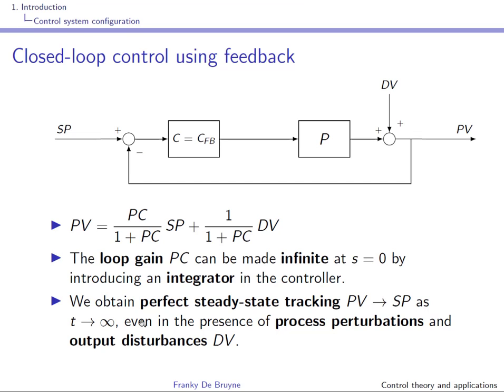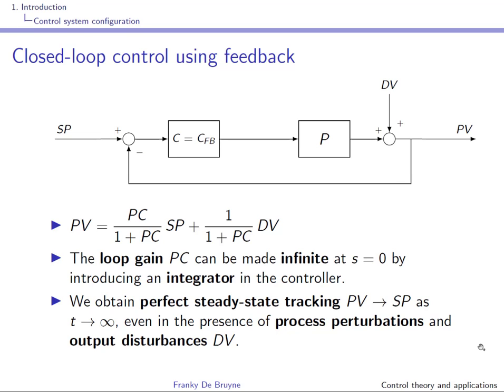And this will be the case even if you do not know the process exactly, okay, because this controller has an infinite gain, and this will mitigate the effect of process perturbations. And you can see that we'll have this perfect steady state tracking, even in the presence of output disturbances.